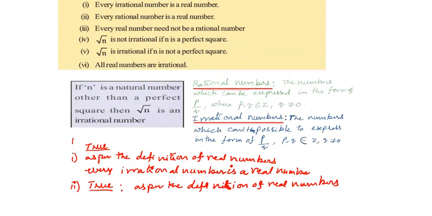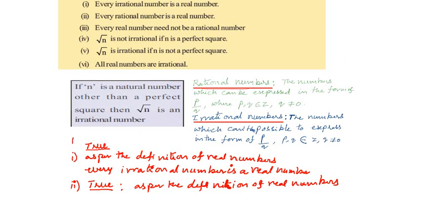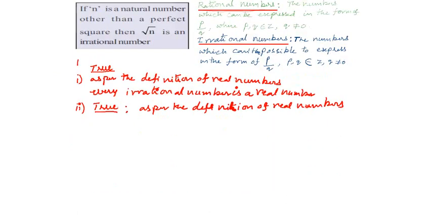The statement is, every rational number is a real number. You write the same. Every rational number is a real number.